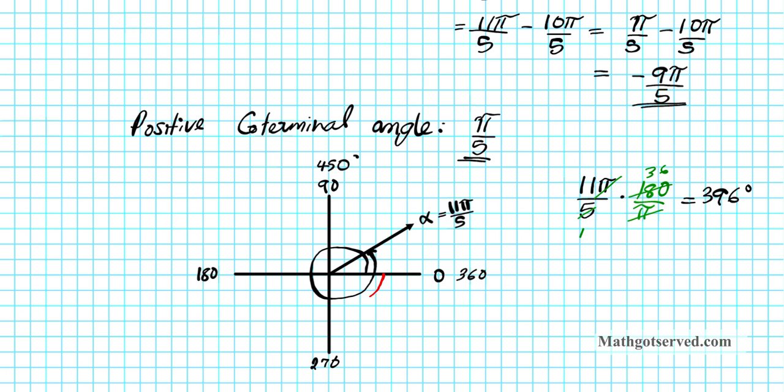So if we went in this direction, like that, this one right here is negative 9 pi over 5. Now the positive one, starting from here, just go like this, and this angular measure is pi over 5. And we can see that all these three angles are coterminal and they have the same terminal side. So that's that.